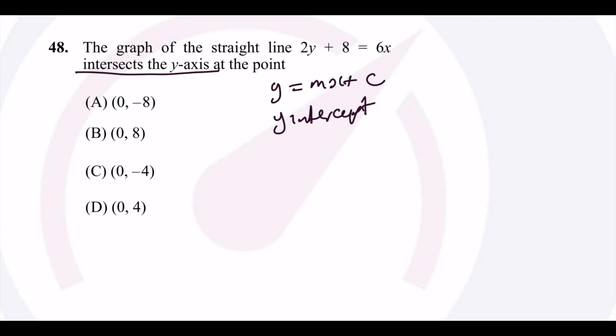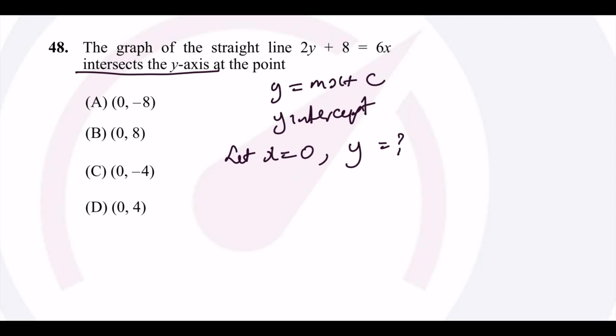But there are two ways you could do it. You could transpose the equation to find the y-intercept, or you could say let x be equal to 0 and you find y. So any way you want to work it, I'm going to work it both ways.